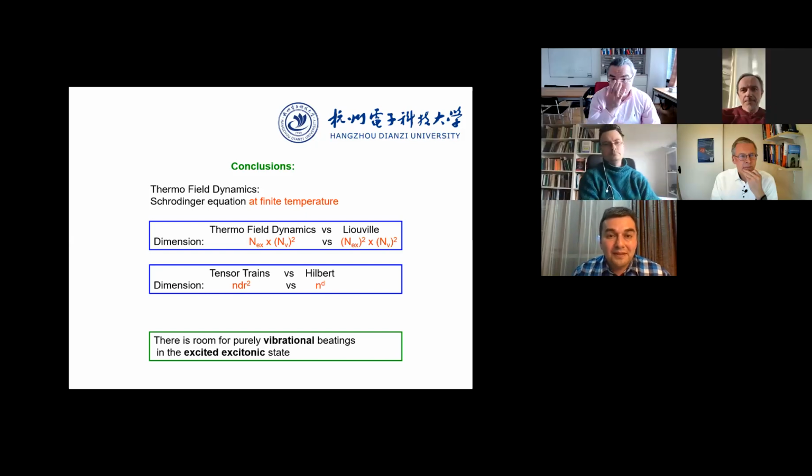So you should just use this Hamiltonian as you would use it in the standard Schrödinger equation. But what is important here is that you introduce these additional degrees of freedom, additional vibrations, but they are fictitious in a sense that they are not physical.